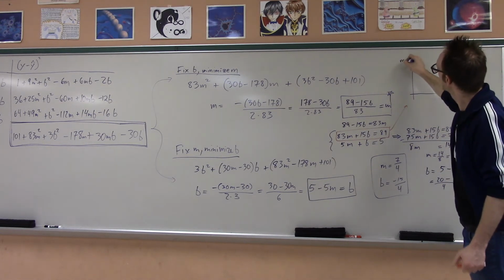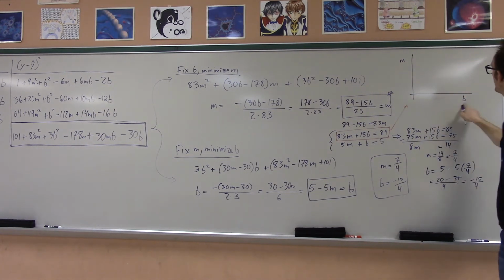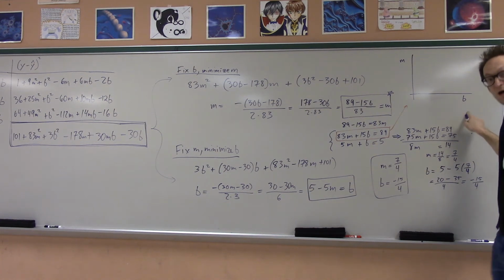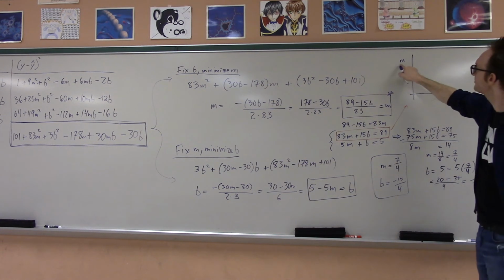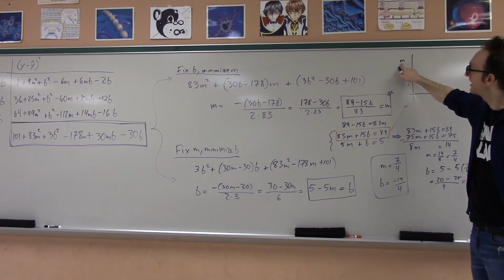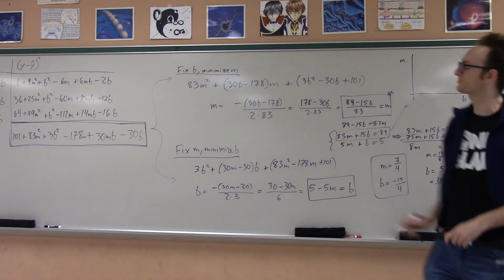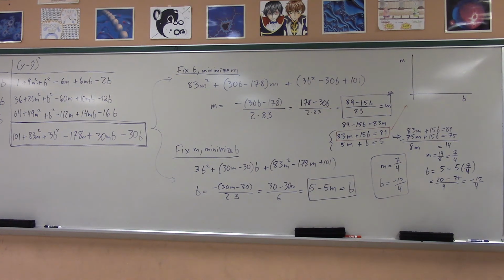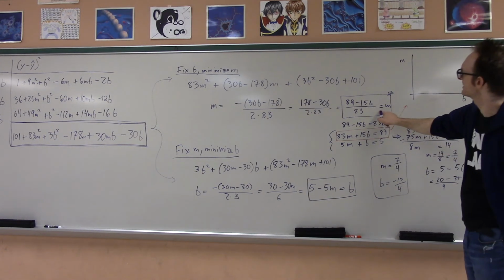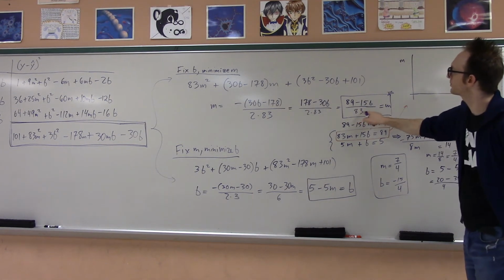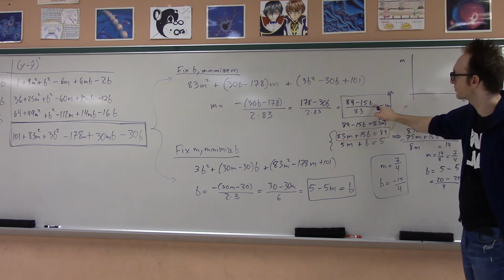And so the way to think about this is, you give me a b, and I'll tell you what m should be, so that this sum of the squares of the residuals is as small as possible. Okay, and here it is. It's like 89 over 83 minus 15/83 b.